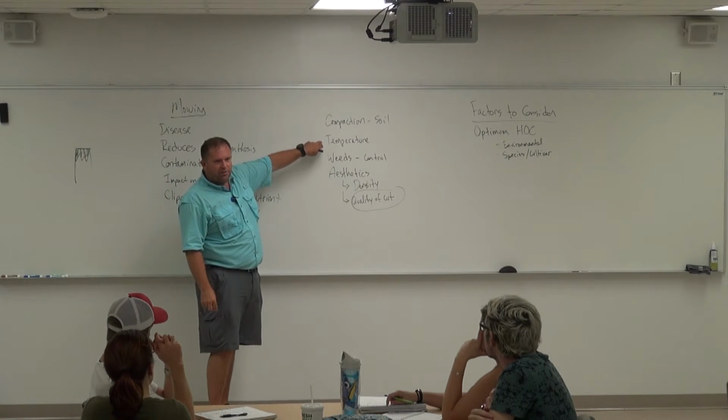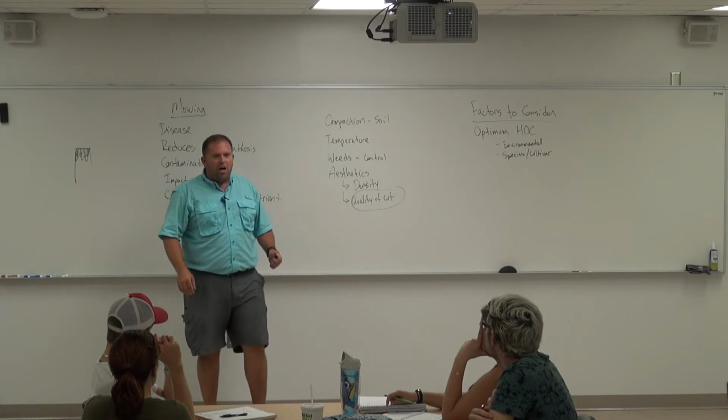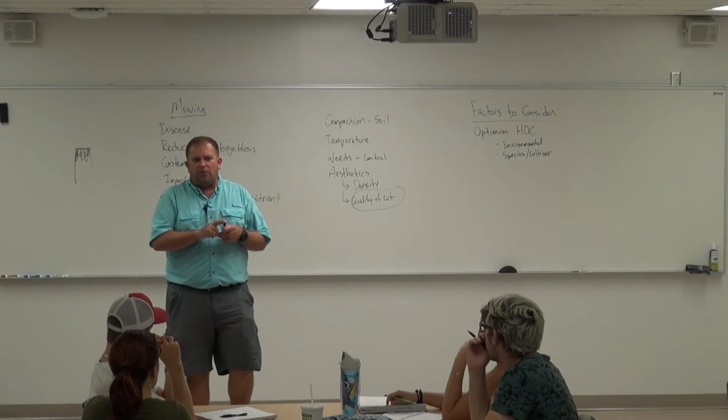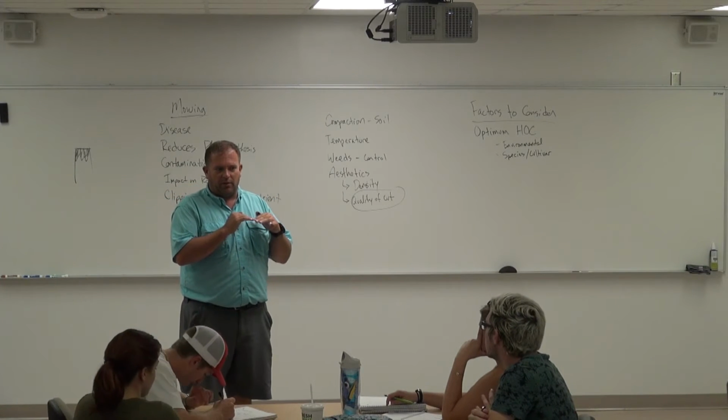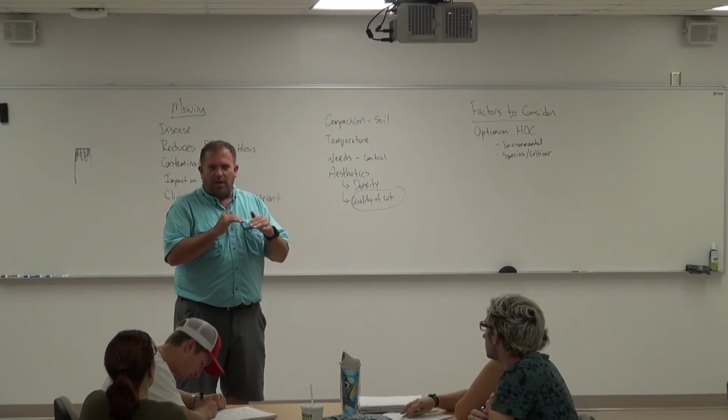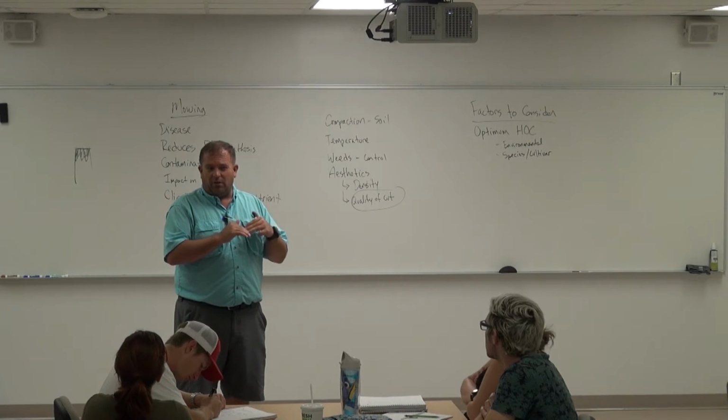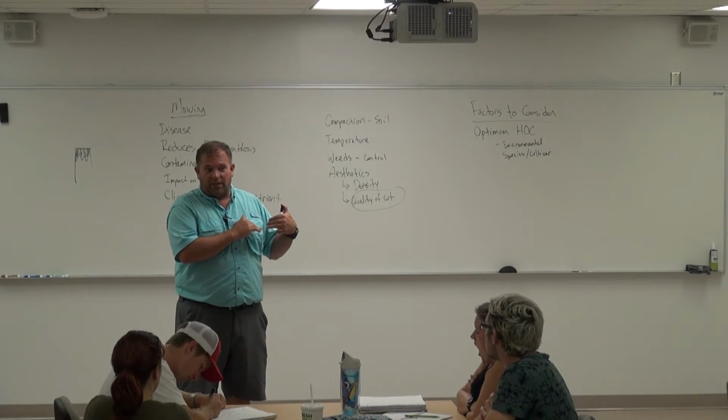Temperature, Mark, you mentioned temperature, right? I agree that if you scalp back significantly, much lower than your optimal height of cut, you could have a resulting increase in canopy temperature. So I think that is something that could happen.